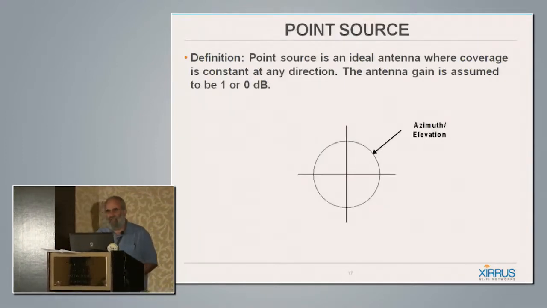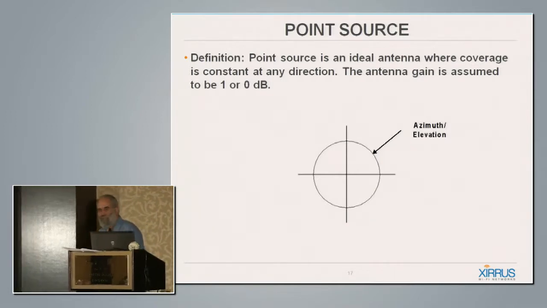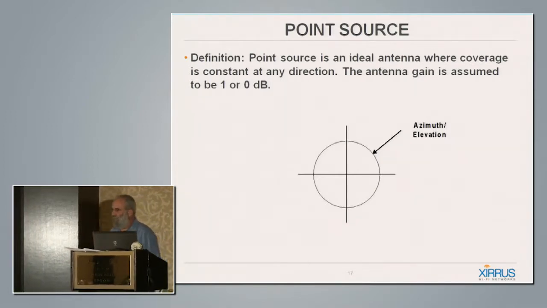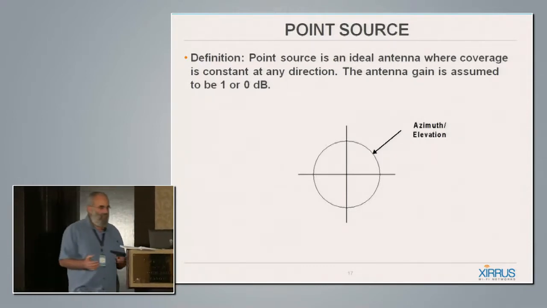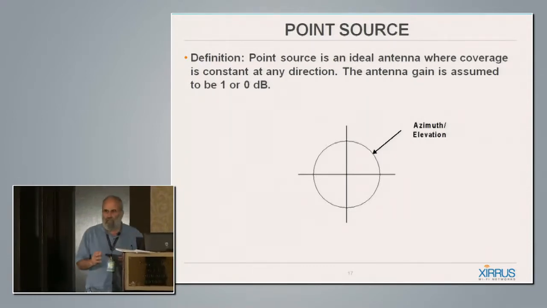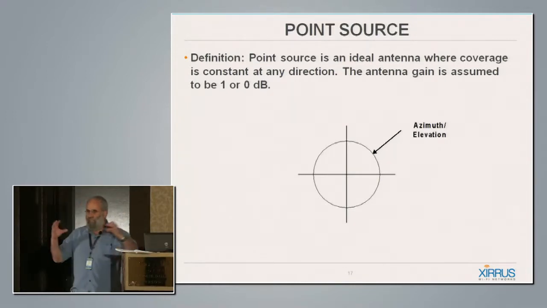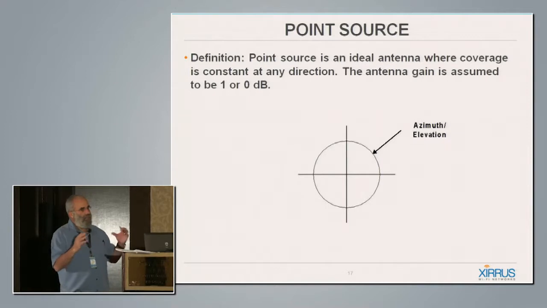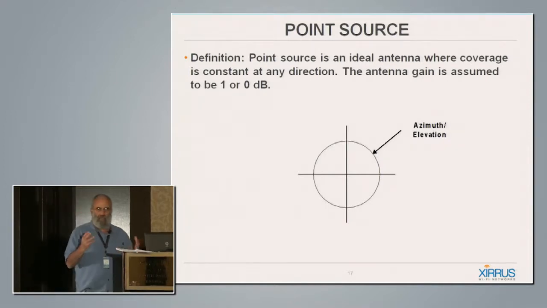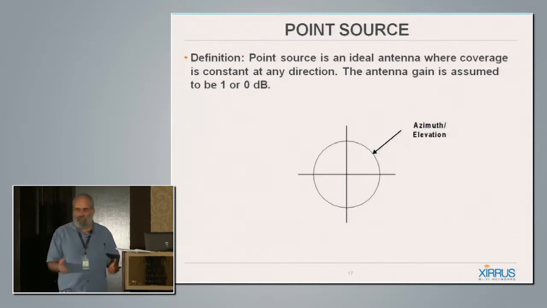When we talk about gain, we use a term which is isotropic source. It's an ideal source. It doesn't exist in reality, but it's a case where, from a point source, the energy propagates in all directions at the same rate. So in a way, it's a unity gain all the way around, and in dB, it's 0 dB.